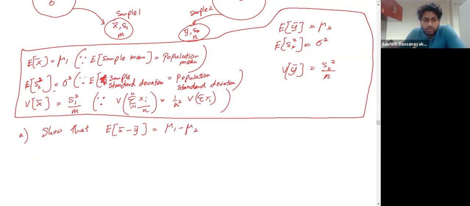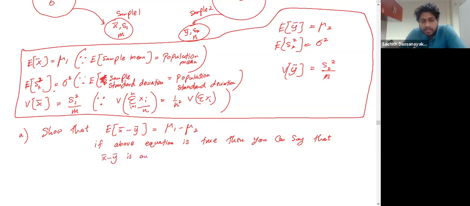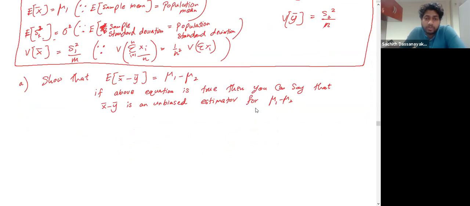If this equation is true, then you can say that x bar minus y bar is an unbiased estimator for mu1 minus mu2. This is what you need to show.